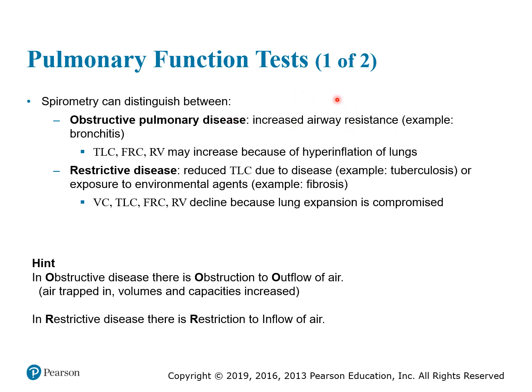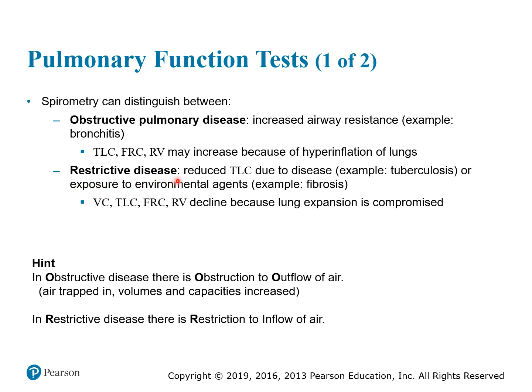That means chronic obstructive pulmonary disease. What happens in these diseases is that all the capacities and volumes may be increased because of hyperinflation of the lungs. So the total lung capacity, FRC, and RV are all increased because there is hyperinflation.